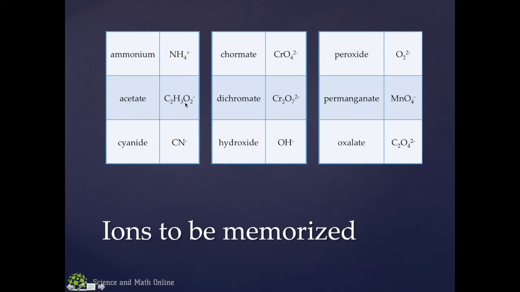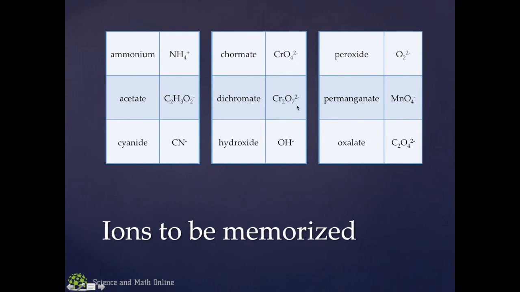So acetate, C2H3O2. Otherwise it can be written as CH3COO. It can be written that way because that's what it looks like in terms of how it's bonded. But for me, I usually write it this way. Cyanide is CN minus.